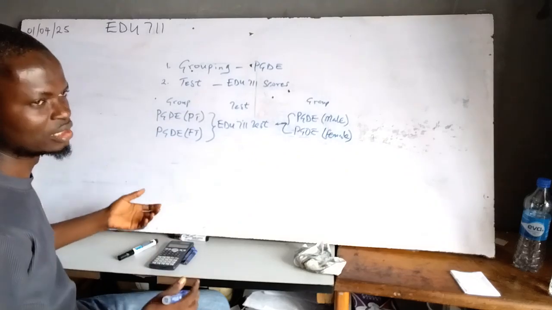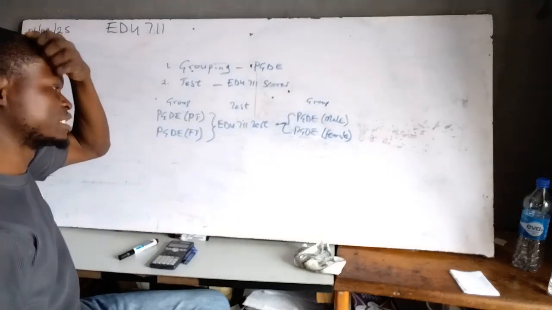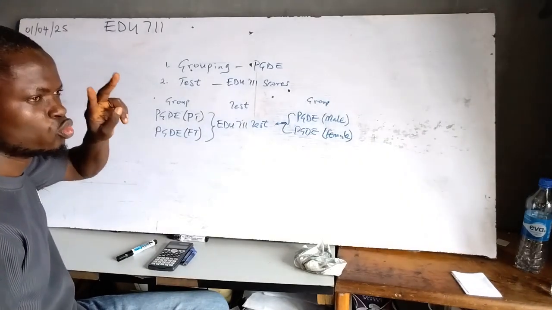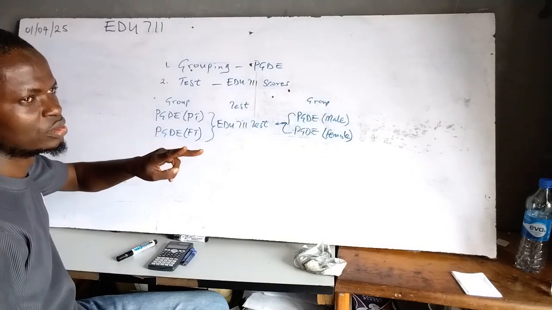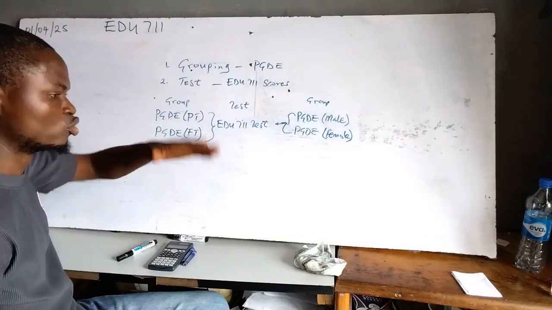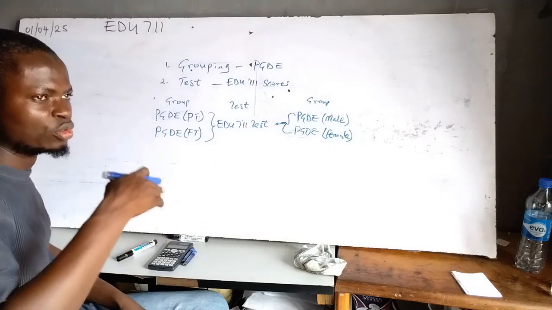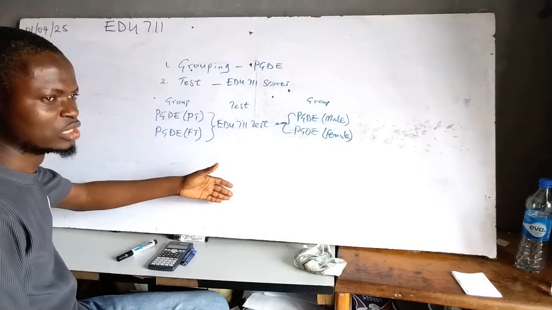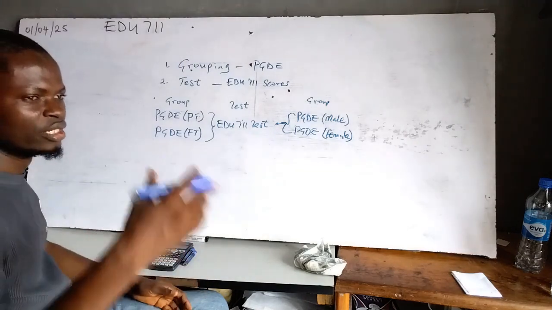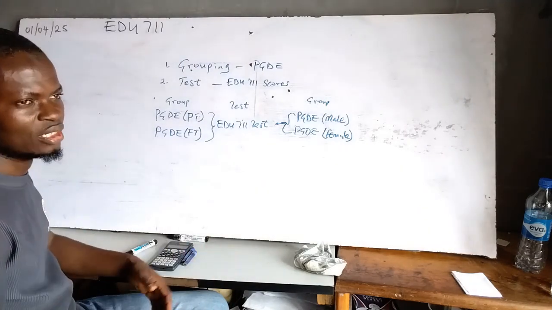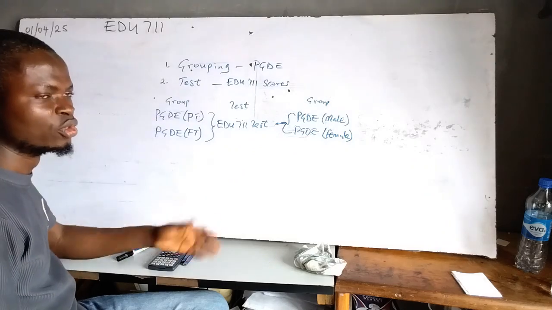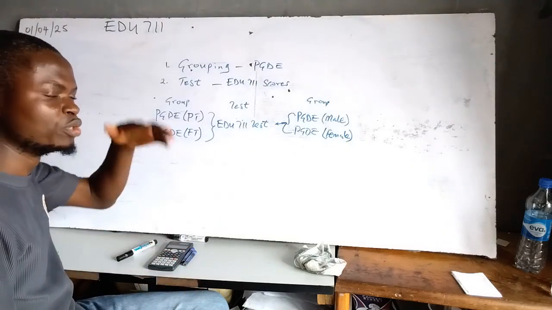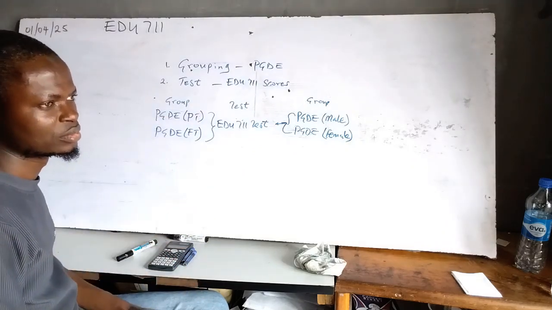It could be anything. The basis is that you have two groups, group A and group B. Group A could be married students, group B single students. Group A could be male, group B female. Group A could be part-time, group B full-time.